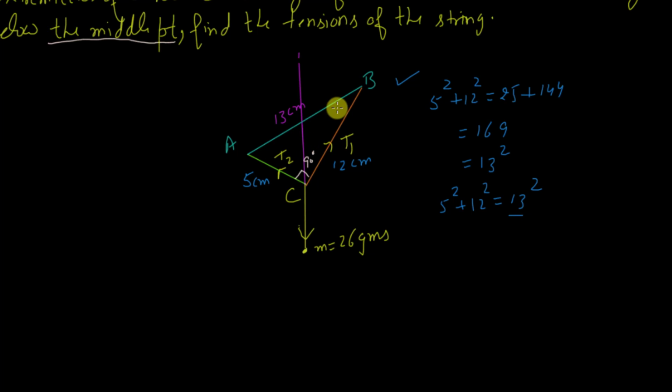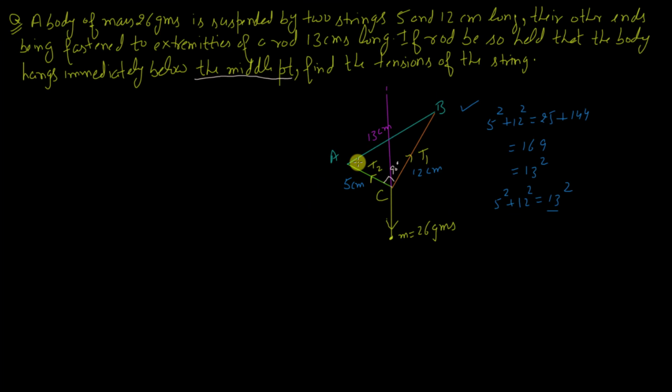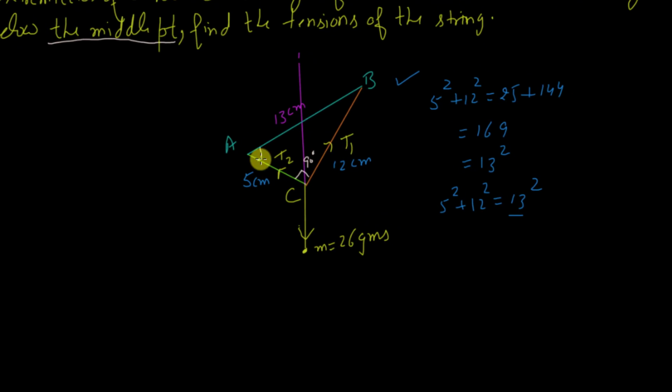That angle will be 90 minus theta. So let me mark the angles over here. This angle says theta, and this will be 90 minus theta. Now see, I name this point as point D.